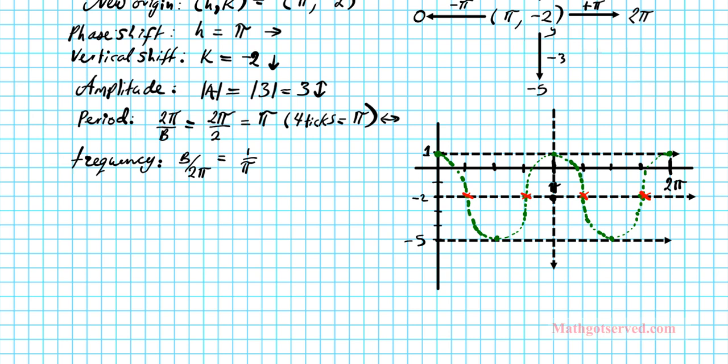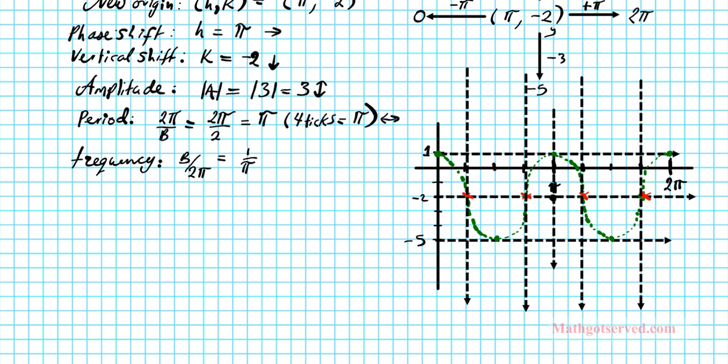So let's go ahead and draw the asymptotes. Make them nice and long so that you can draw the secant function properly. 1, 2, 3, 4. All right, so there go your asymptotes.